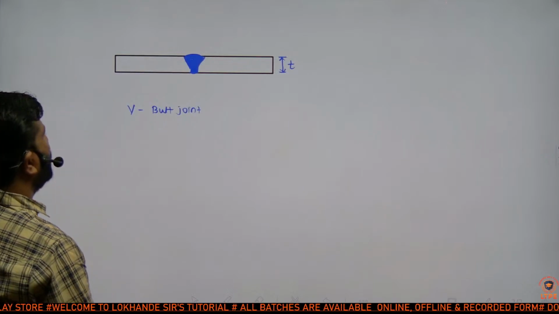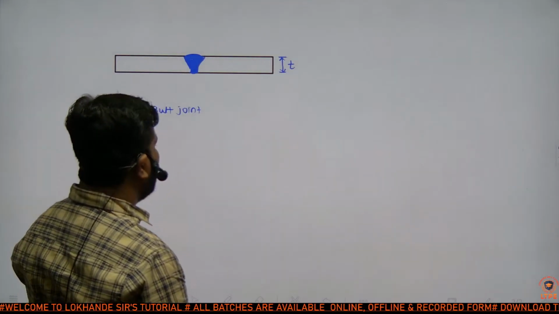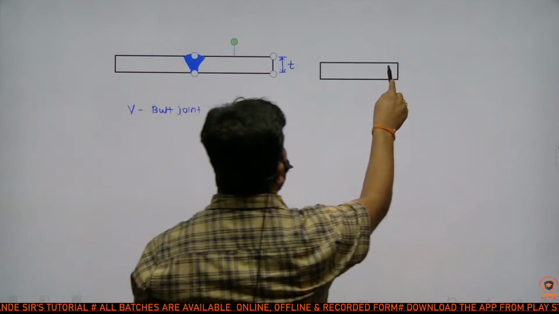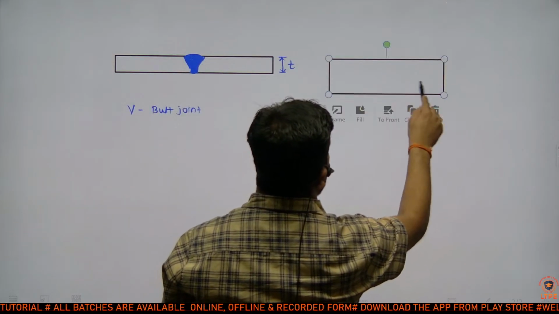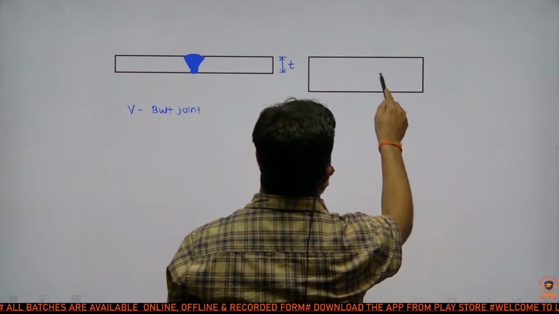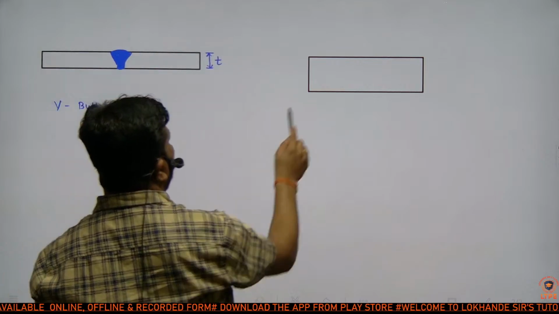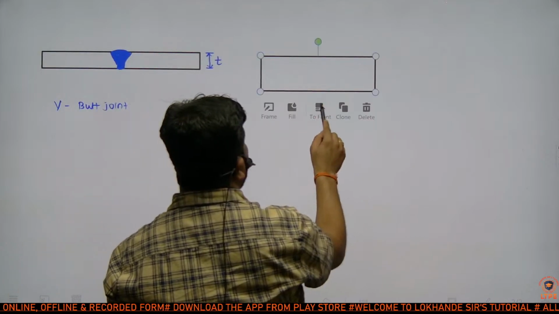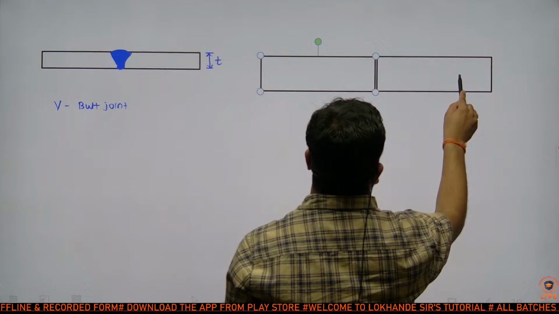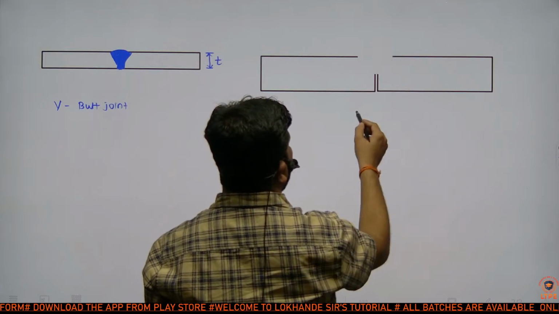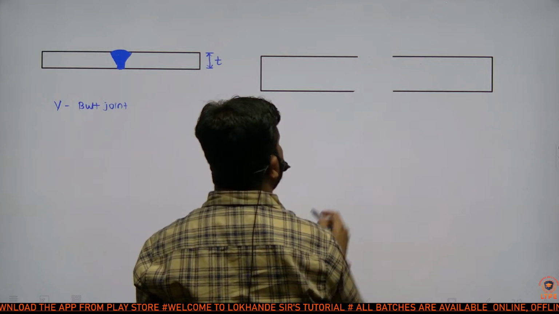Okay. So V butt joint, and if the thickness of plate is more, then I have to use double V butt joint. Which butt joint? Double V butt joint.